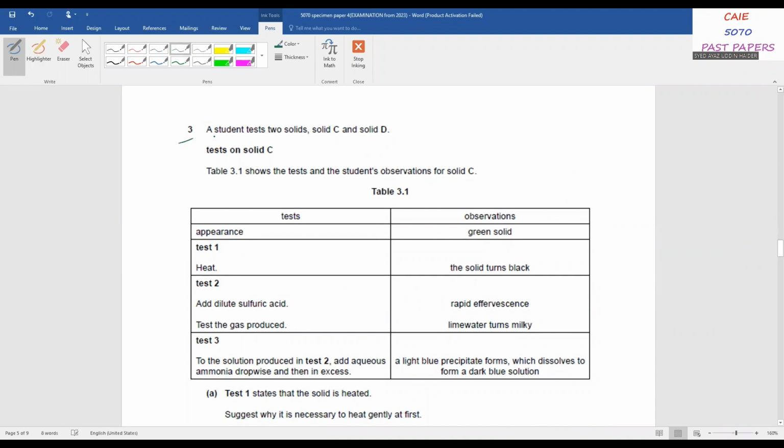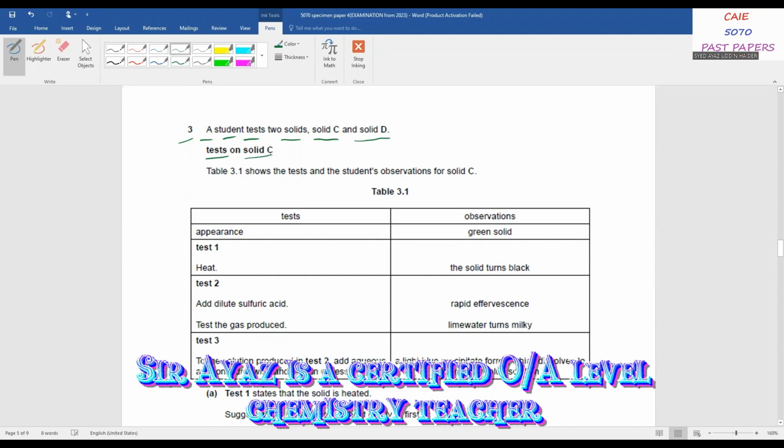Question number 3 is the student tests two solids, solid C and solid D. Test on solid C. Table 3.1 shows the results and the student's observations for solid C. Here's table 3.1. Appearance, green solid. Test 1, heat. We get the solid turns black.